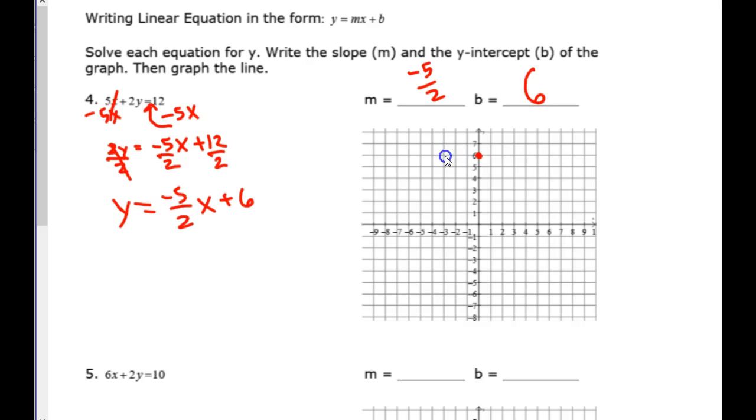Down 5, and then always to the right. Alright, so you're able to use your straight edge to make a straight line, right? So let's do that. I will do my best.